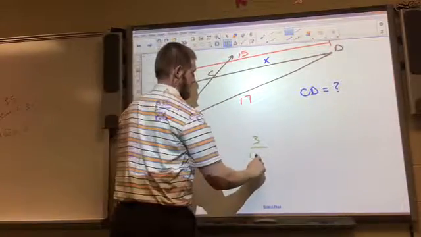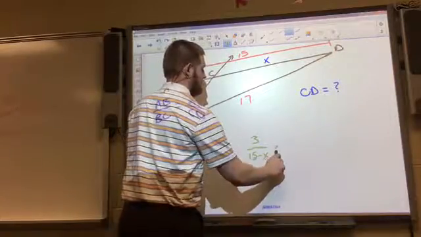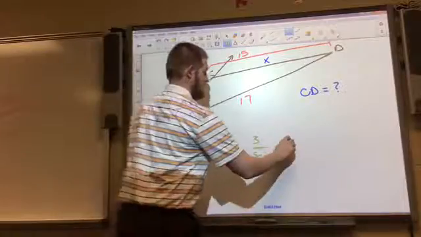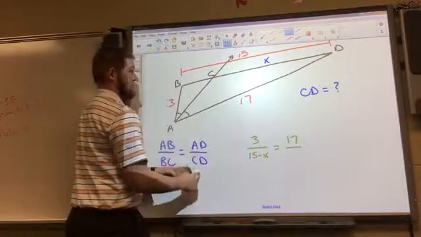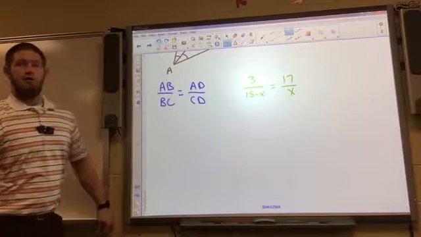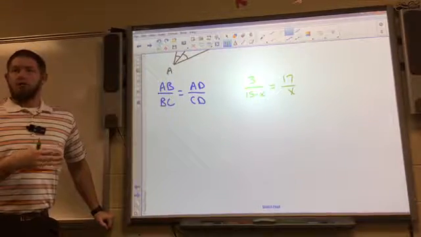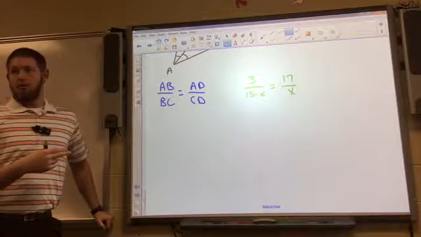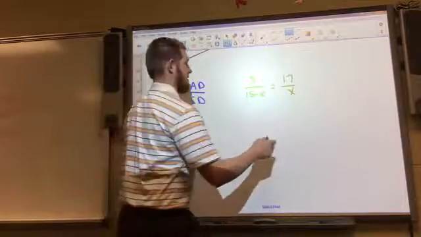So I have 15 minus X on the bottom equals AD is 17 over CD I know is X. That should be the challenging part for us, is getting it set up properly. From here, you should be able to solve this proportion, right? We've solved so many of these.